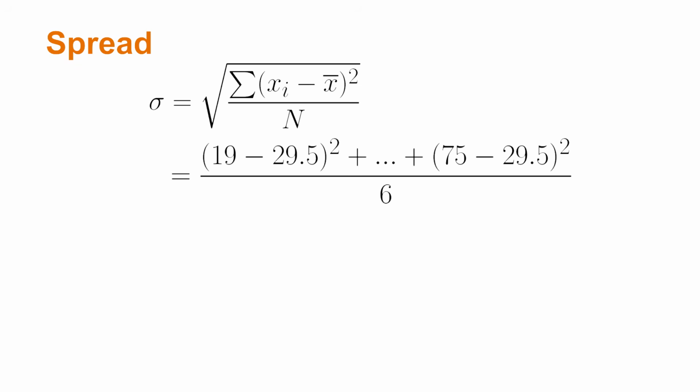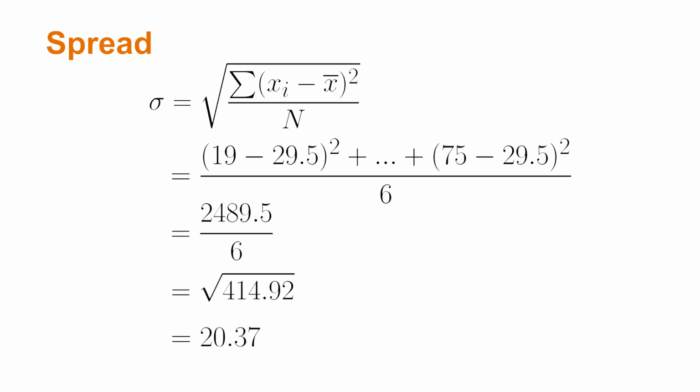We know the mean is 29.5 from our previous calculation. Now we must subtract the mean from each x value and then square them. We then add all these values together and divide by 6, our population size. We then take the square root of that result and obtain a standard deviation of 20.37.